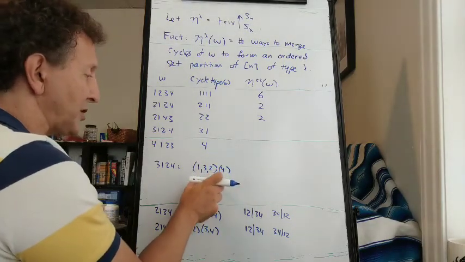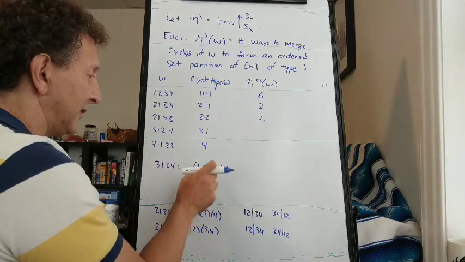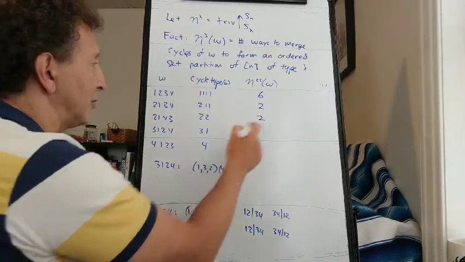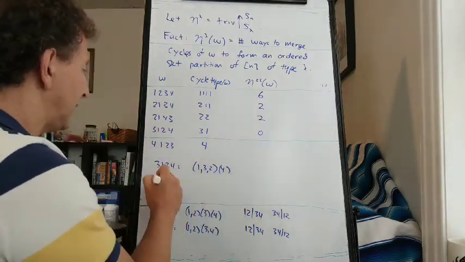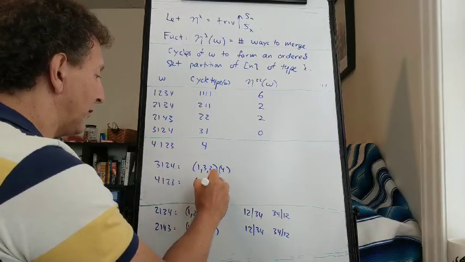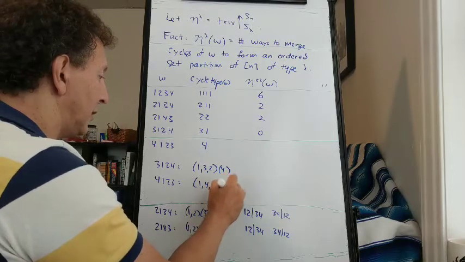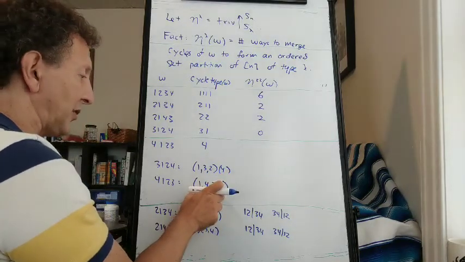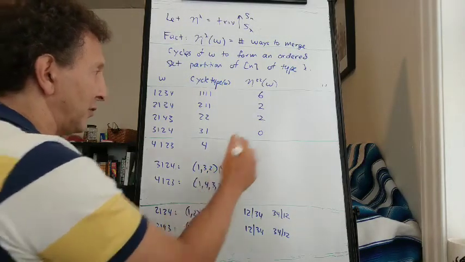And there's no way to merge cycles together here to get blocks of size 2, so that's 0. And similarly for 4, 1, 2, 3, which has cycle notation 1, 4, 3, 2, there's no way to merge cycles together here to get blocks of size 2, so that's 0.